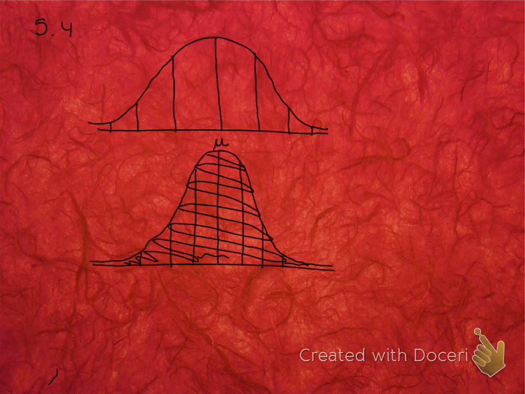The mean will still be the same, but the standard deviations would be smaller, and the variance would be smaller as well, okay? So that's what we're looking at today, how to get more specific information from our bell curve, okay?